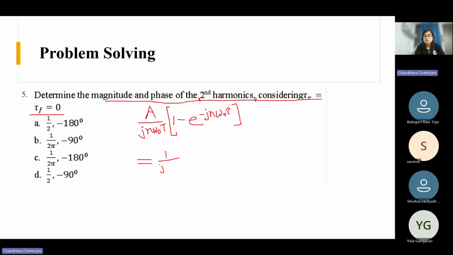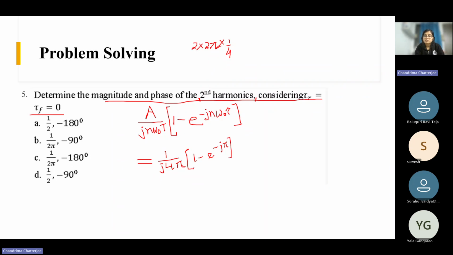So j 4 pi, within the bracket we have 1 minus e to the power. So 2, then 2 pi, 4 pi and 1 by 4. 2, then 2 pi, then 1 by 4. So j pi we have.